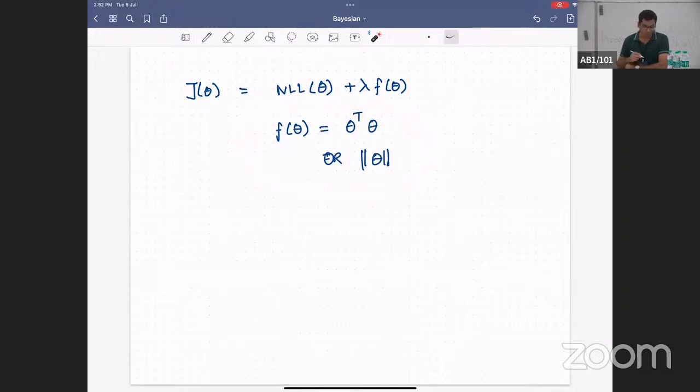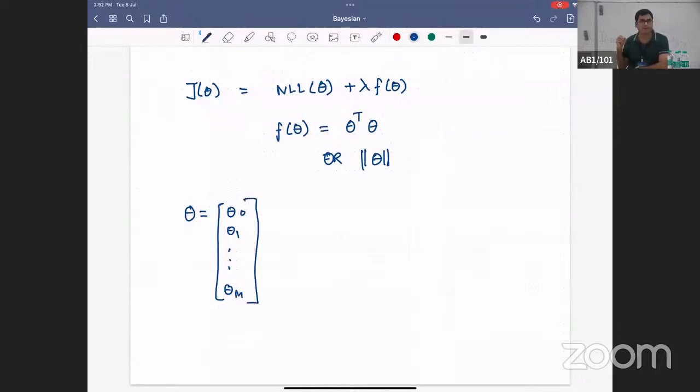No? Okay. So if our parameters are theta, we generally write them in the form of a vector, right?